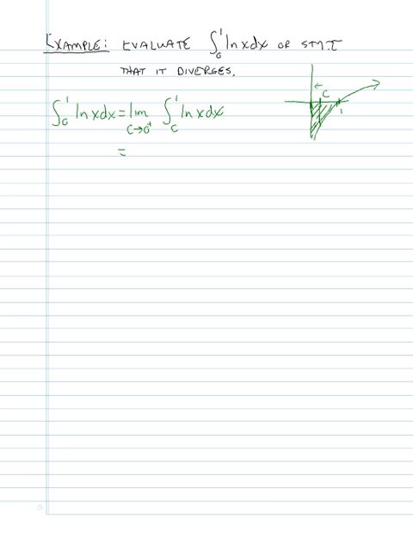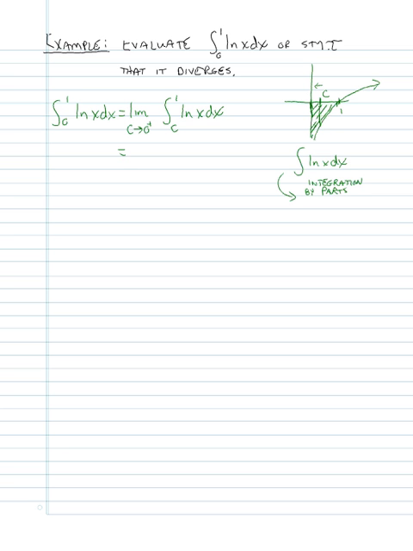Well, the indefinite integral of the natural log of x with respect to x, we have to use integration by parts. I'm just reminding you of that. Maybe this is a good time to review, but I'm going to move on.